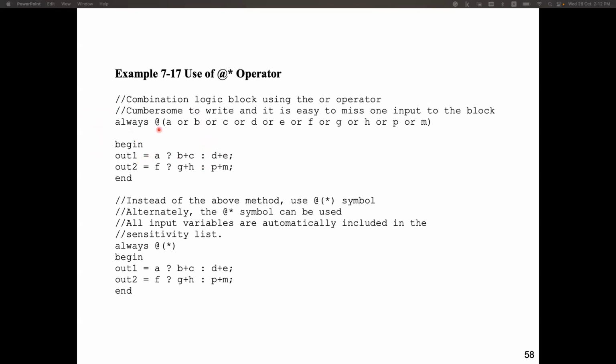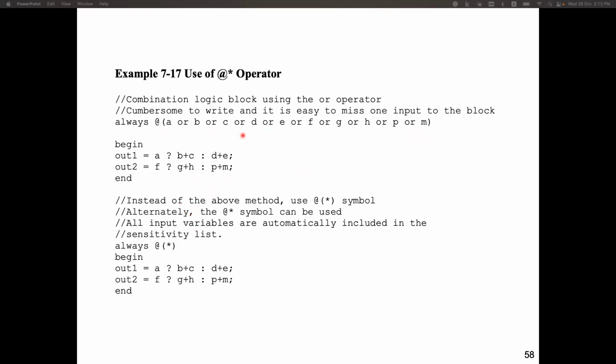Say we have an always block. It has a long sensitivity list, A or B or C or D all the way to M. It's very simple. Output equals this, and then output one equals A. If A is true, then give B plus C. Otherwise, B plus C, and another similar one. Because on the right-hand side we have many variables, here we have a long sensitivity list.